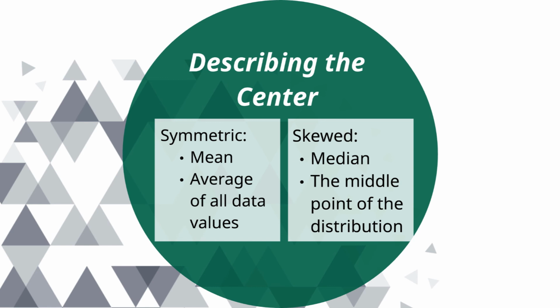And that is very literally the middle point of the distribution, where 50% of the data is lower than that median value and 50% of the data is higher than that median value. So when we talk about symmetric distributions, it's appropriate to report the mean. When we see that a distribution is skewed, it's appropriate to report the median.